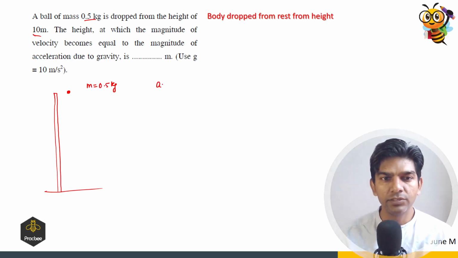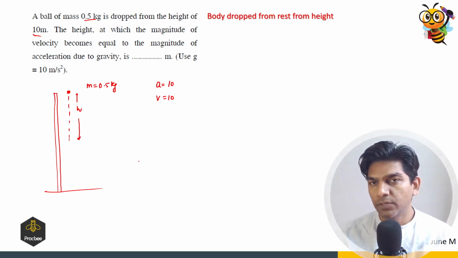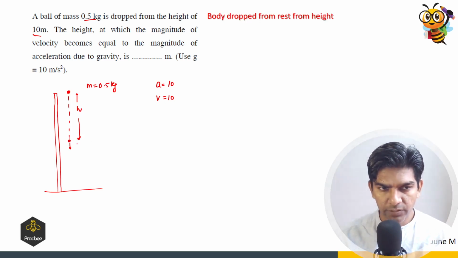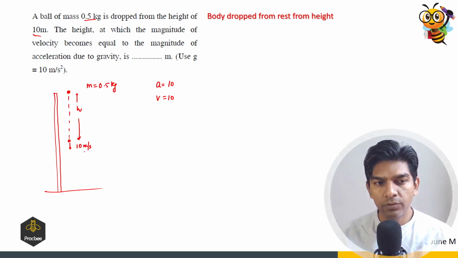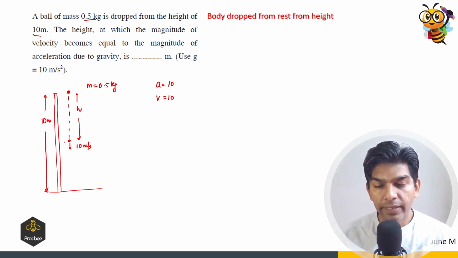And we know that acceleration is 10, so velocity should become 10, right? So let us say at a depth h, the velocity becomes 10. At this point, the velocity is 10 meters per second. The height of the tower is 10, and we have to find 10 minus h, right?